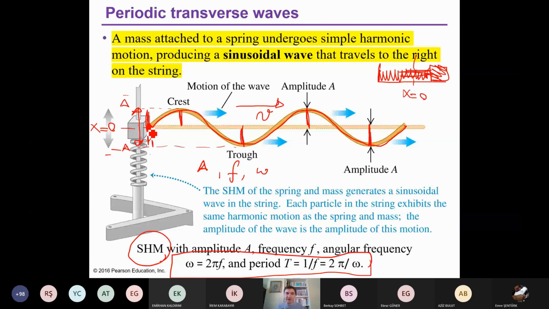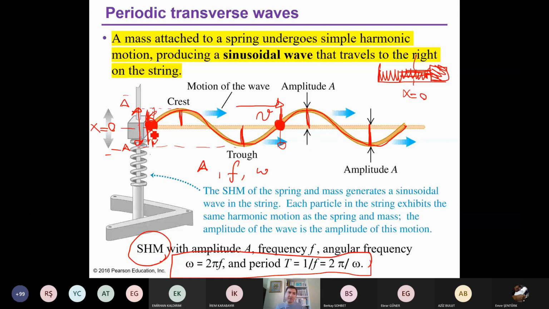Just consider here we have a particle, and here we have another particle. So look at the motions of these two particles. They will have the same motion, okay? So the motion of the particle on the left side will be repeated by the motion of the particle on the right side.